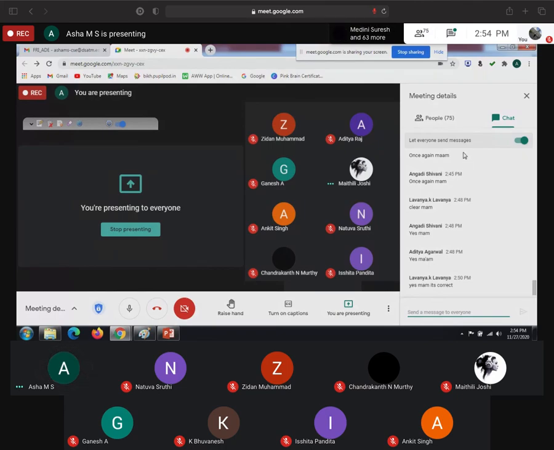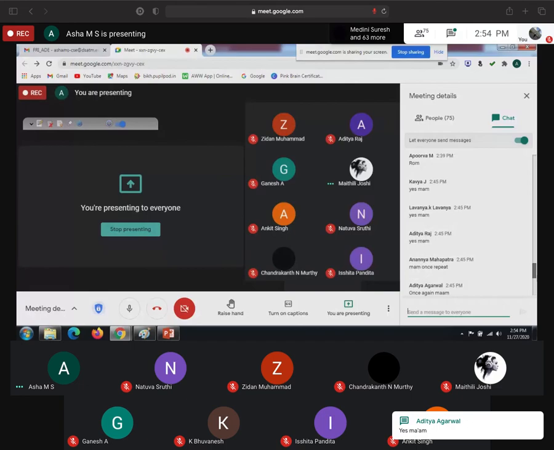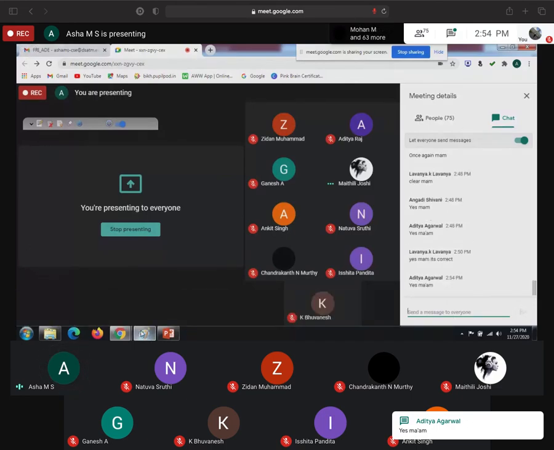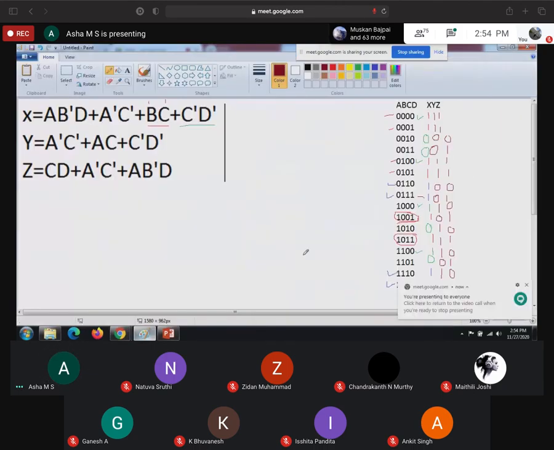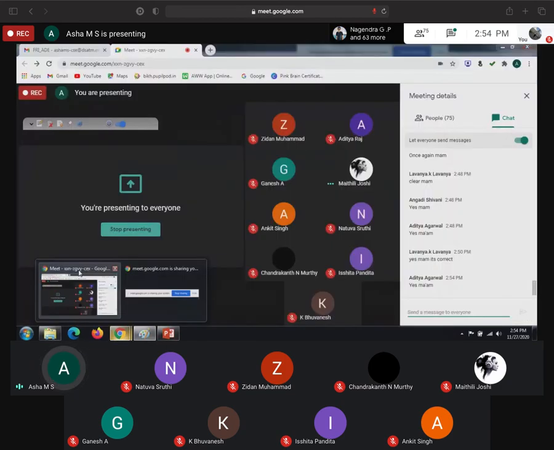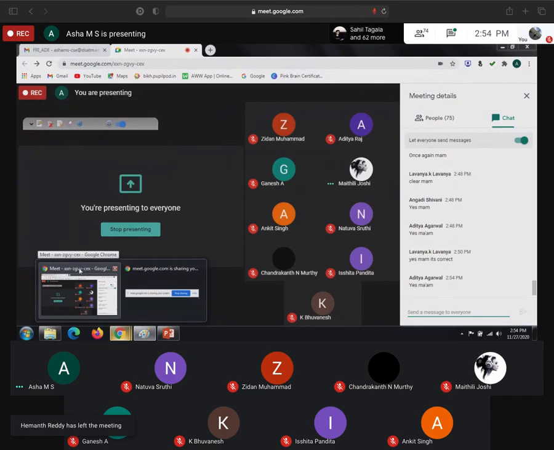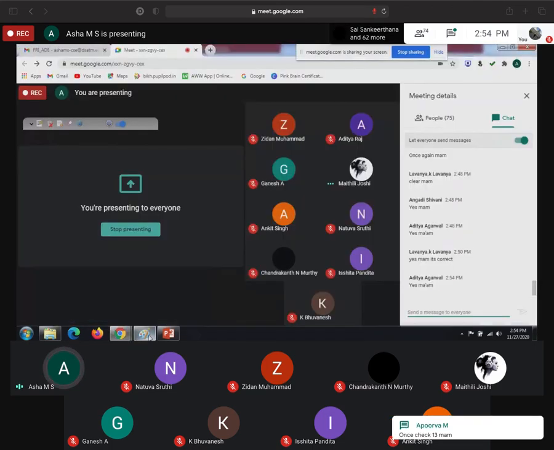Aditya? Shivani? Apurva? Aditya, is the last column correct? Z column. It's not in the straight line, but check it once. Is this correct? Again, no reply. Don't know where you guys went.